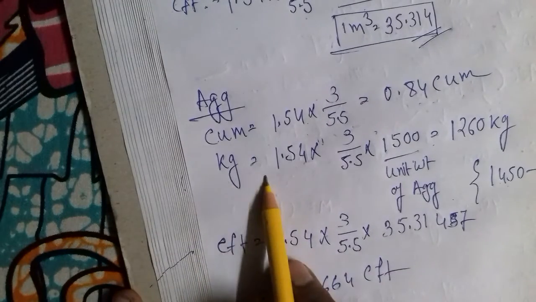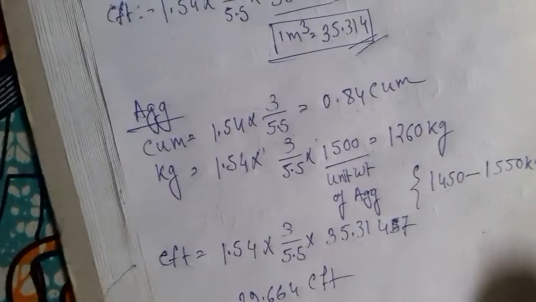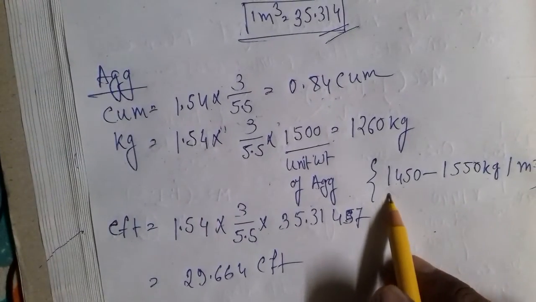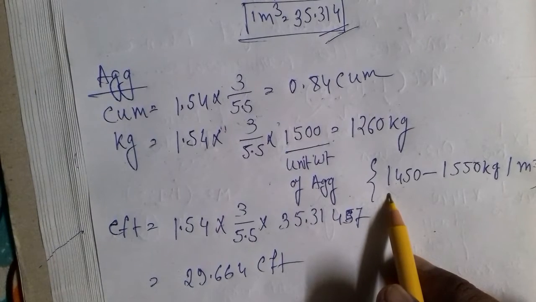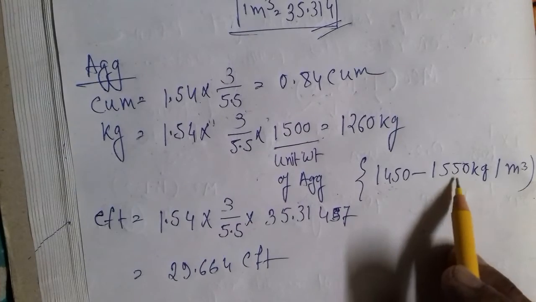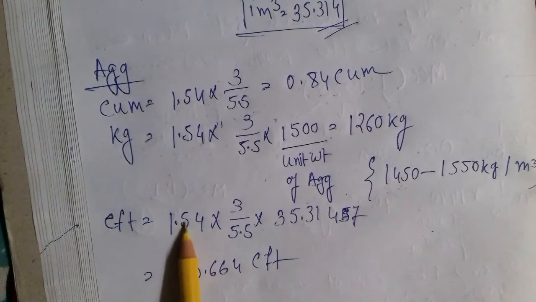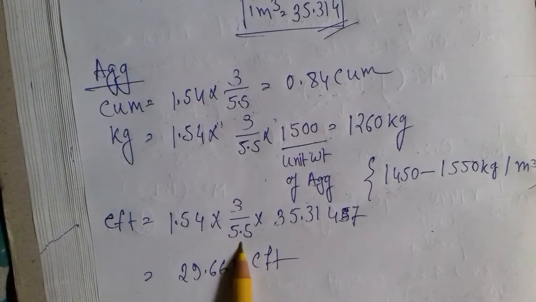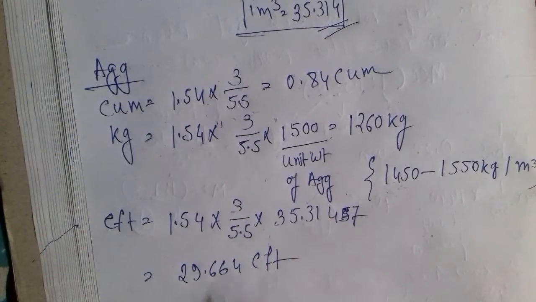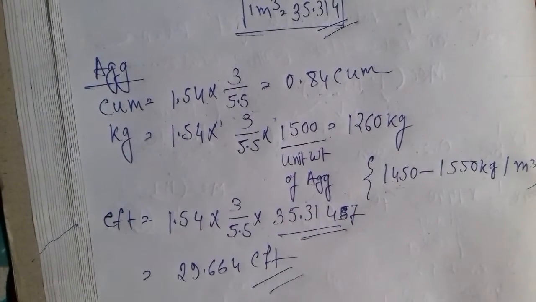And kg is the same process, using the unit weight of aggregate, which varies from 1450 to 1550 kg per cubic meter. So CFT is 1.54 into 3 by 5.5 into 35.3147, the value for 1 cubic meter. So we get the value of CFT.